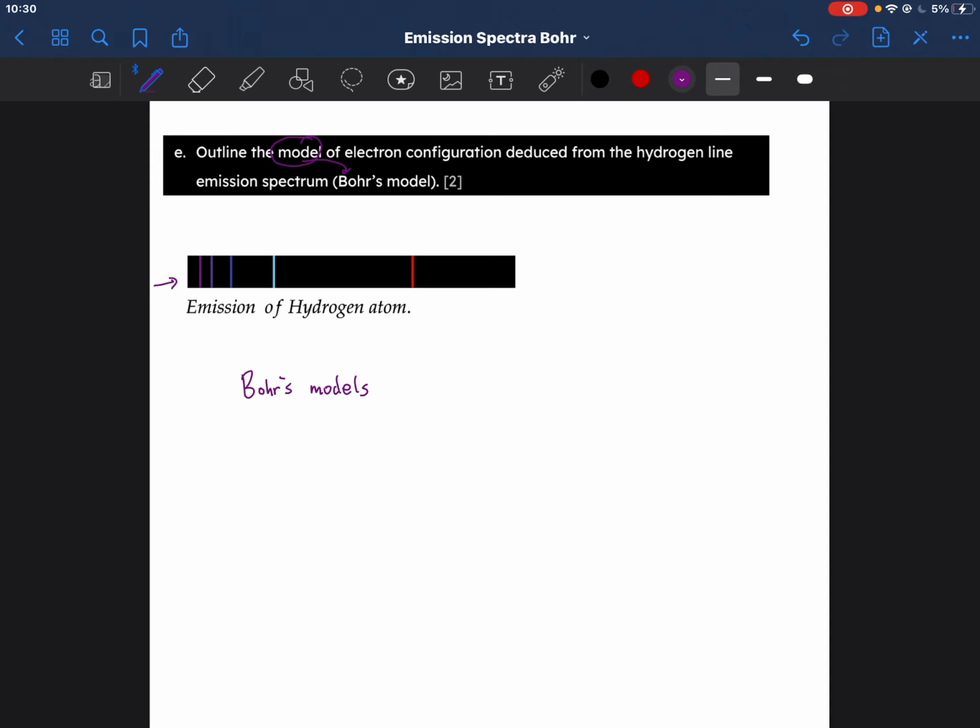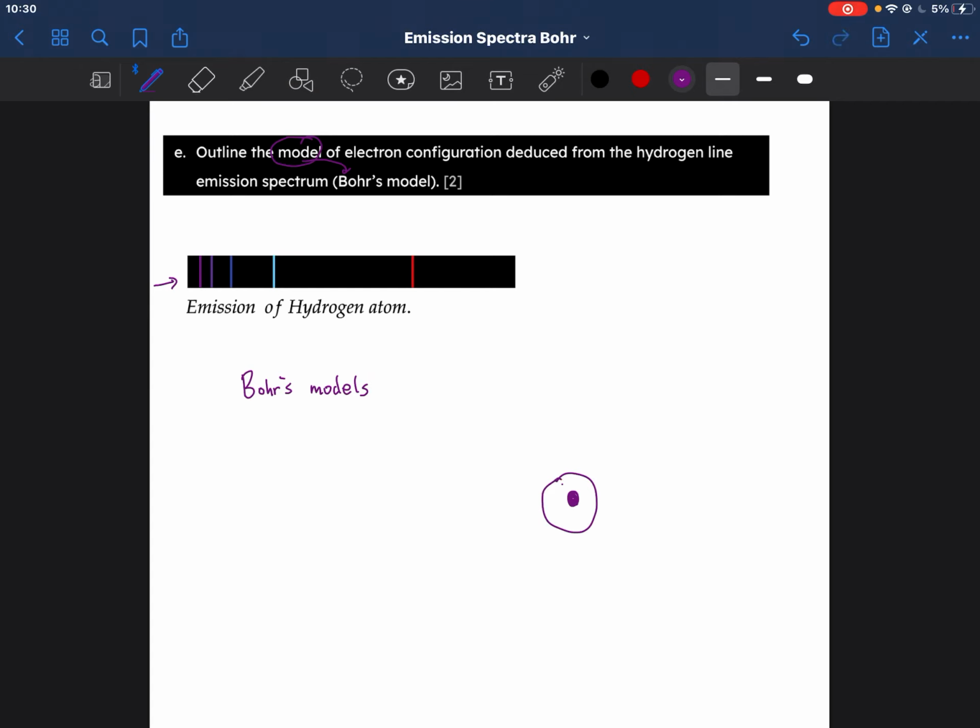All right, so what does a Bohr model look like? Well, in a Bohr model, you have a nucleus, you have electrons in energy levels. I'll just draw it like this.